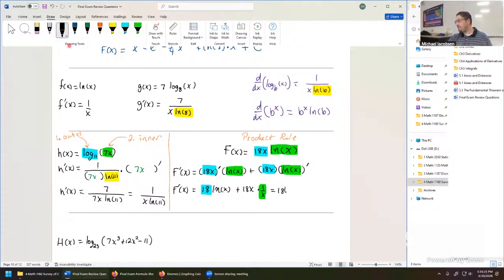This turns into just 18 natural log x plus 18. So this one's tricky. It's not 18 times 1 over x. If you have any function times any other function where there's a variable involved, x on the first part, x on the second part, it's automatically a product rule.